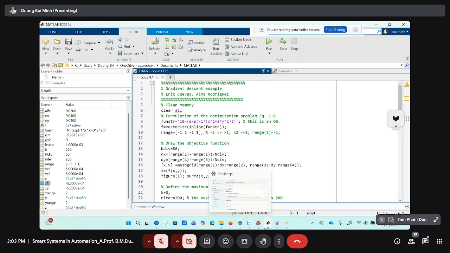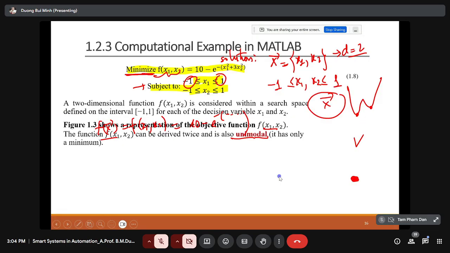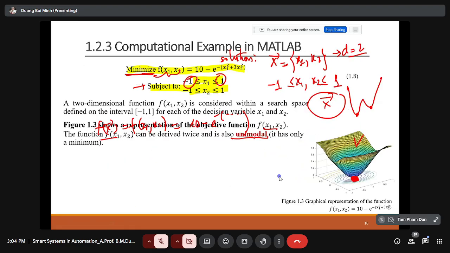If we have fx with more dimensions, for example x1, x2, x3, how can we write the code of the gradient descent method? Or 4 dimensions, 5 dimensions. It depends on the application, where the solution has many dimensions.